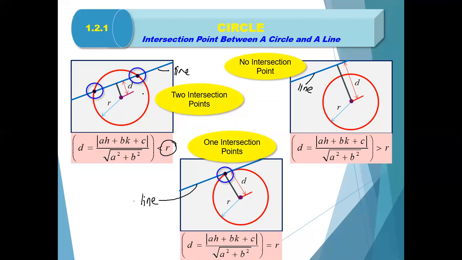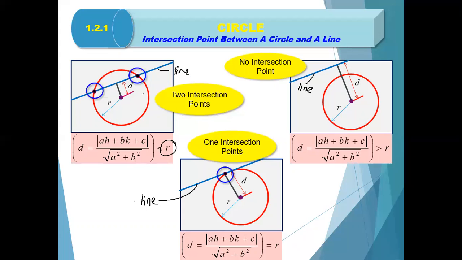D is the distance from the center to the line. So if D is less than the radius, then there are two intersection points. And if we have one intersection point, the line touches exactly on the circle, or we call it a tangent line, passing through the circle.